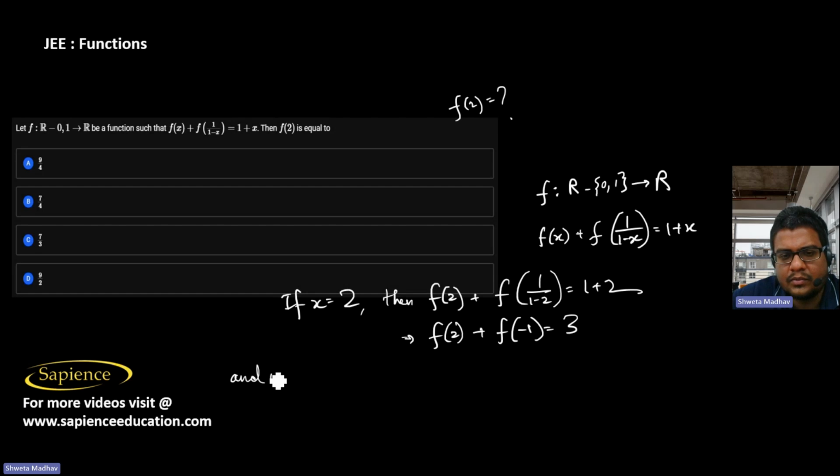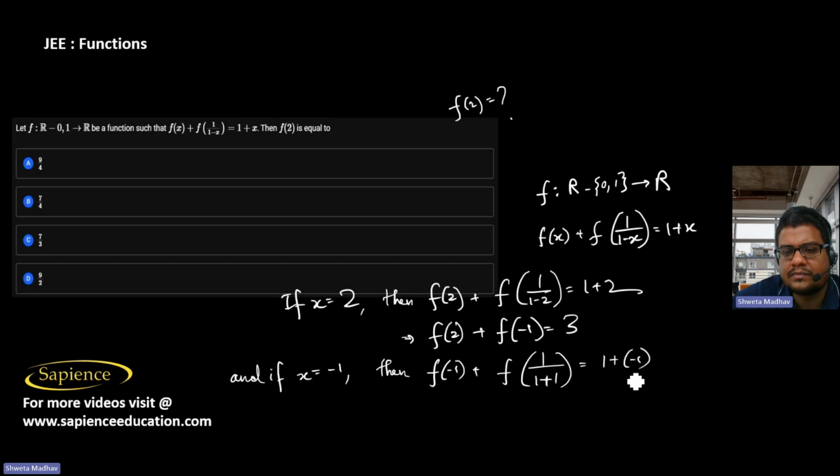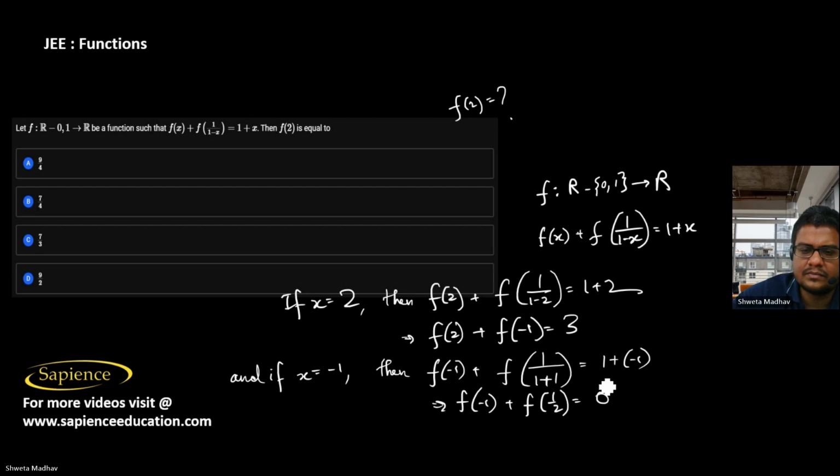Similarly, if we put x equal to minus 1, then we will get f of minus 1 plus f of 1 by 1 minus of minus 1, that is 1 by 1 plus 1, equal to 1 plus minus 1, that is 0. So f of minus 1 plus f of half is equal to 0. This is our equation 1, this is equation 2.